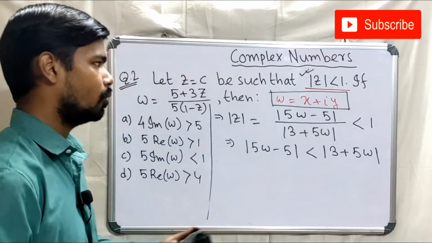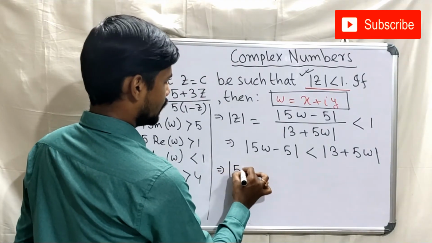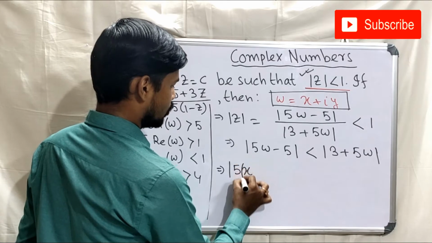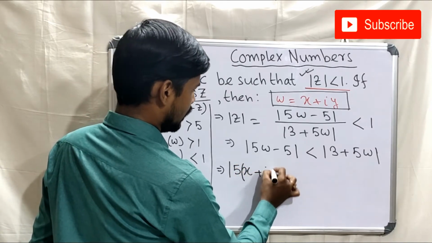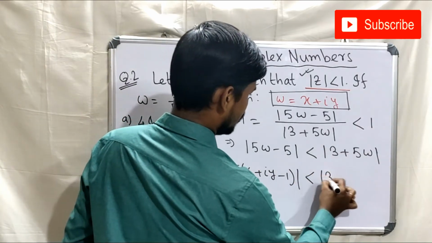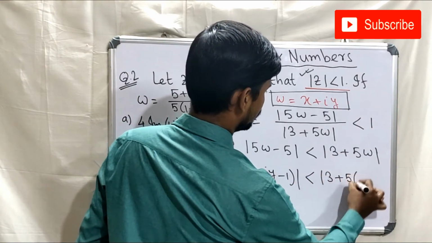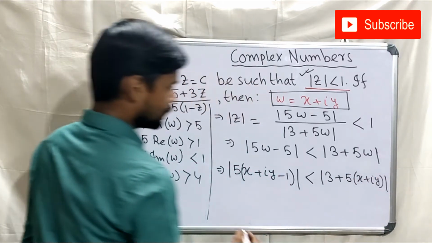Putting the value of omega, we have modulus of 5x, taking common 5, we have |x + iy - 1| is less than |3 + 5(x + iy)|.